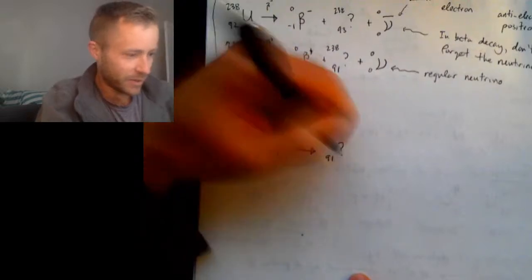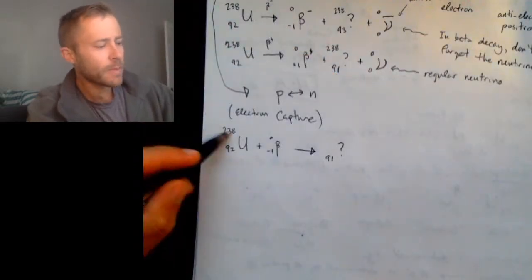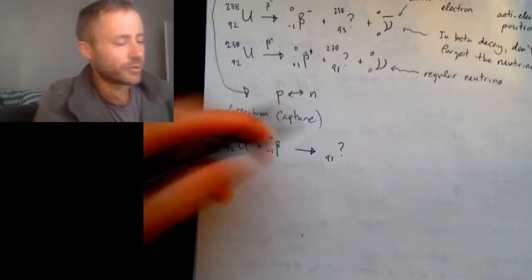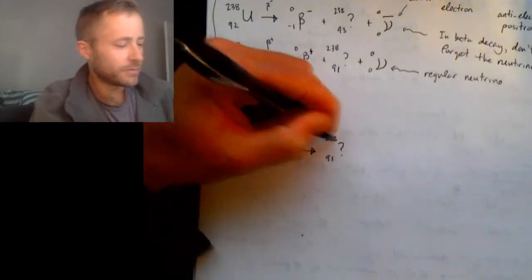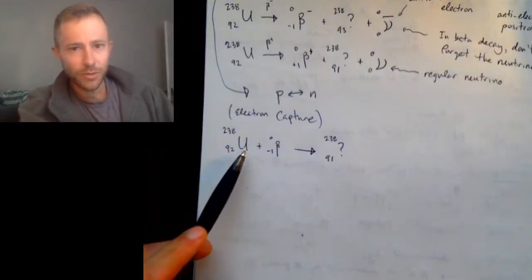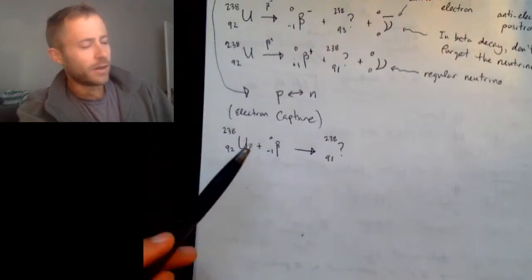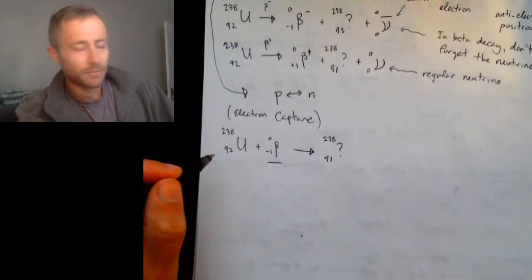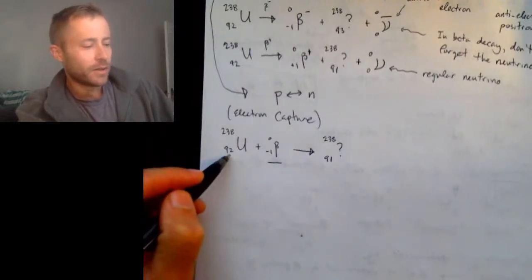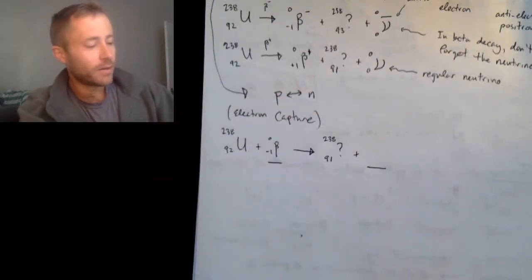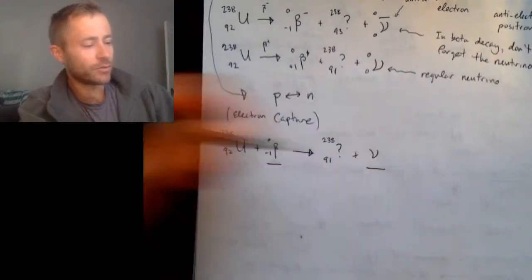So the unknown is going to be 91. And then 238 plus 0 is 238. So that's called electron capture. Basically what you've done is you've turned a proton into a neutron. Now, we have a particle, an electron, as a reactant. So we have to have a particle as a product. So this has to be a regular neutrino.